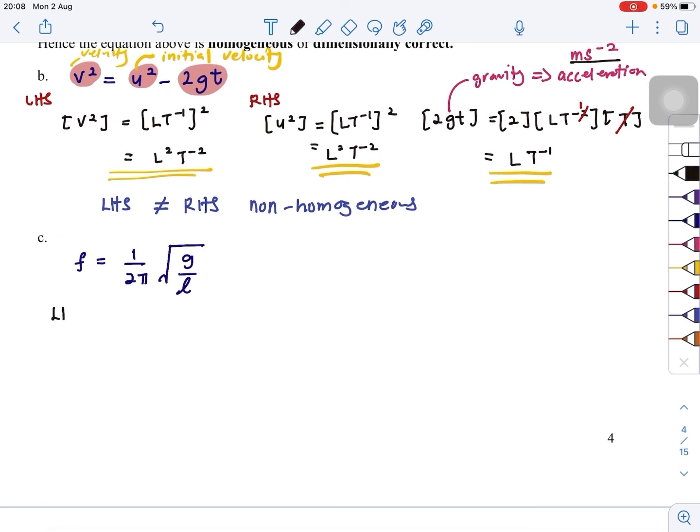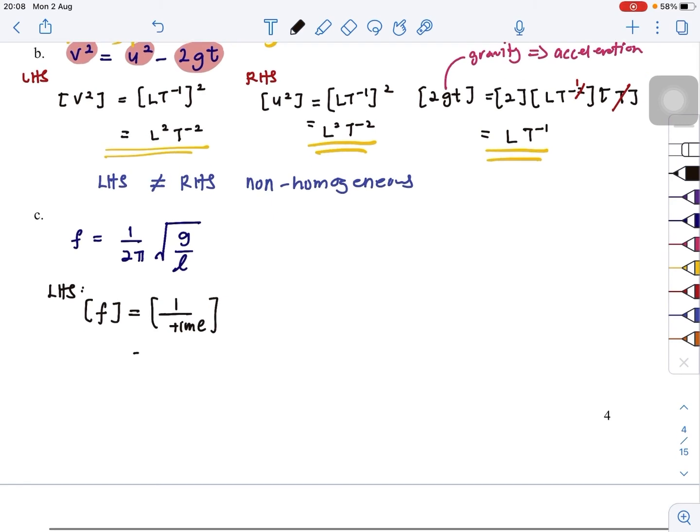Okay, so now kita buat dahulu left hand side, iaitu F, frequency. Okay, frequency, what is the formula for frequency? Okay, this one kamu kena ingat, frequency formula dia adalah 1 over time. Ni adalah dia punya formula.